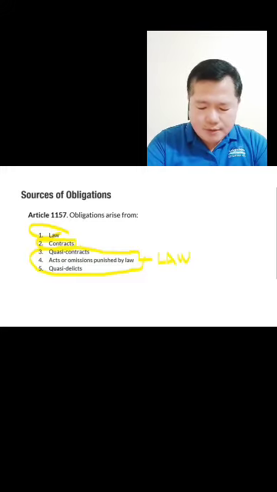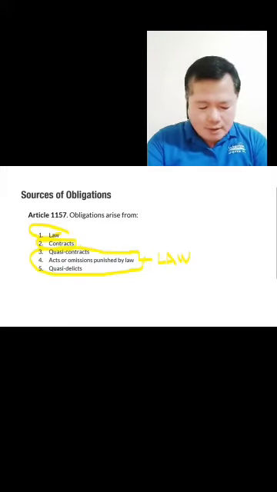But of course, we should not forget the number 3, 4, and 5. Still, they are considered under the law.